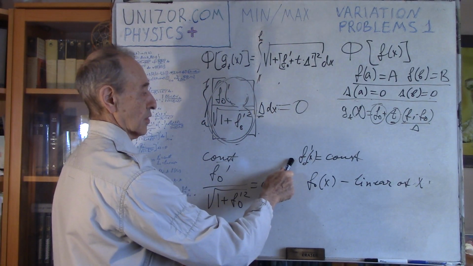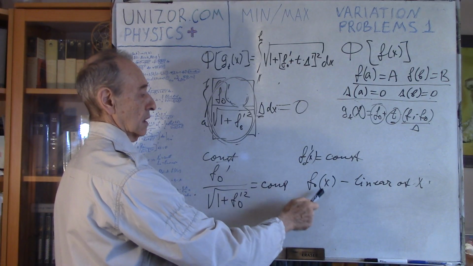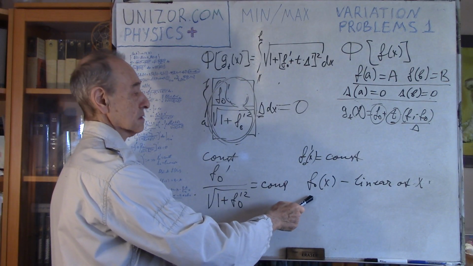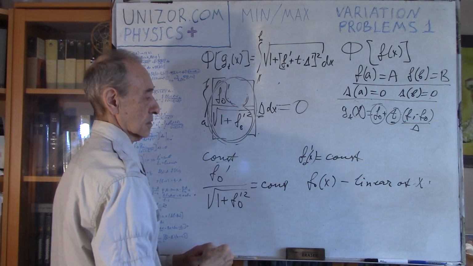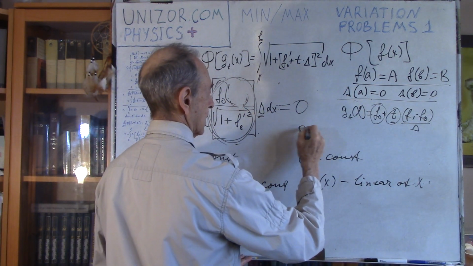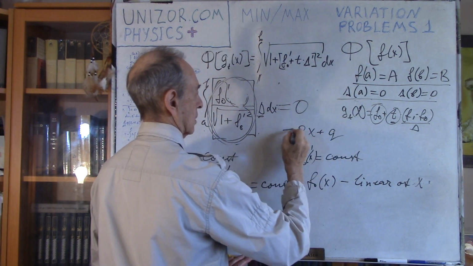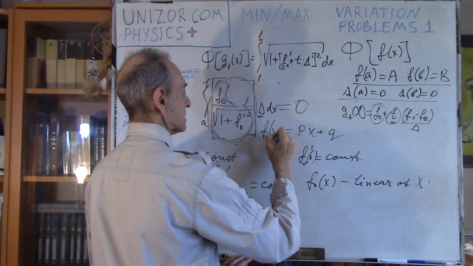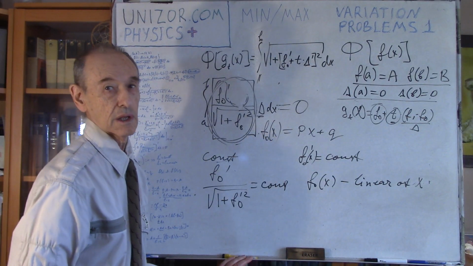If the derivative is constant, this is the integral of the constant, which means a linear function, something like px plus q. So f0 must be a linear function.